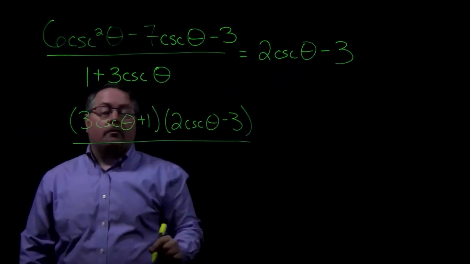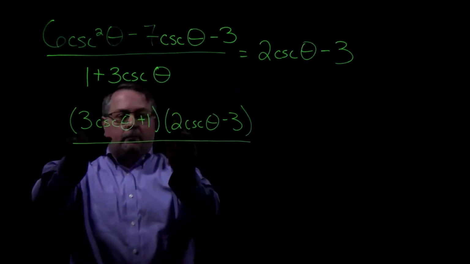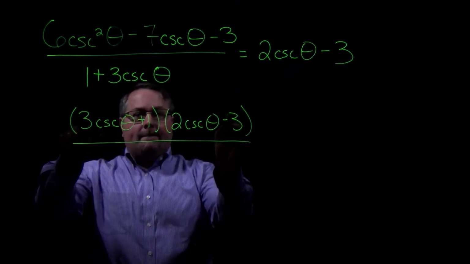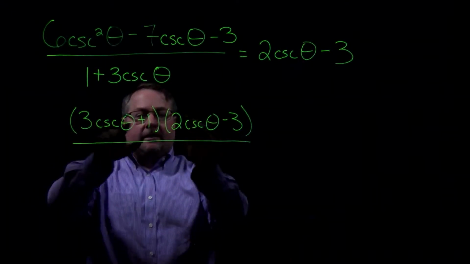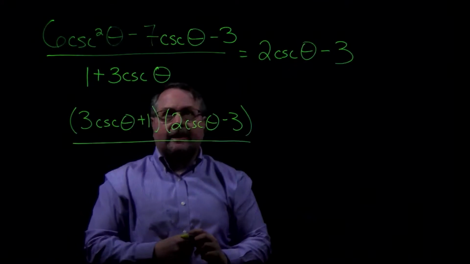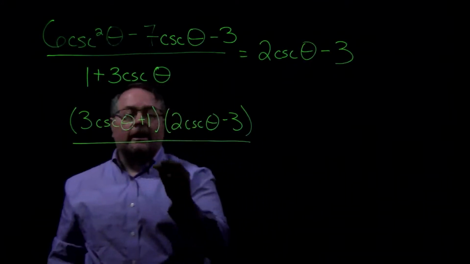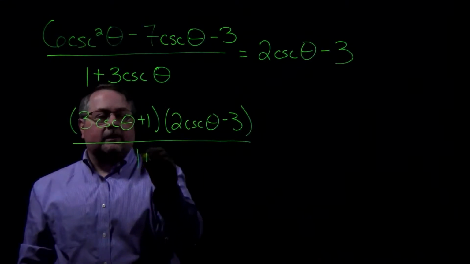Okay, and if we FOIL this out just to check, we're going to have 3 times 2 is 6 times cosecant squared theta, minus 9 cosecant theta plus 2 cosecant theta is the negative 7 cosecant theta, and then 1 times negative 3 is negative 3. So that is indeed correct.